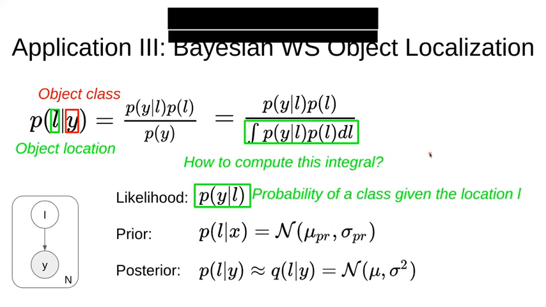What I didn't mention is that we have multiple classes. So it's a probability over all these classes. P of y, we can have 10 classes, and so we have 10 possible values that are normalized to sum up to 1.